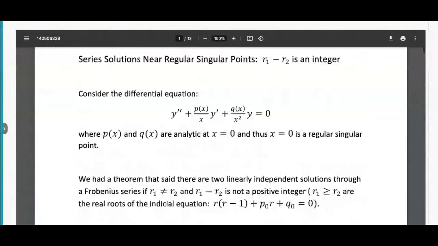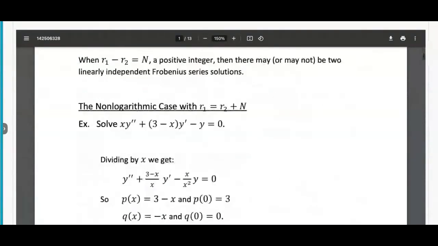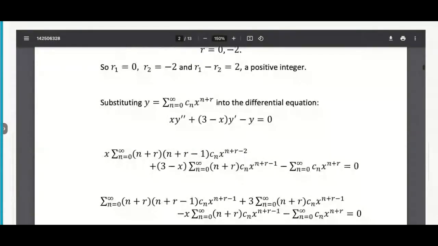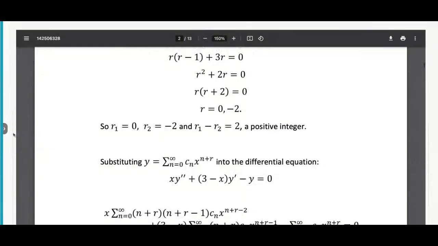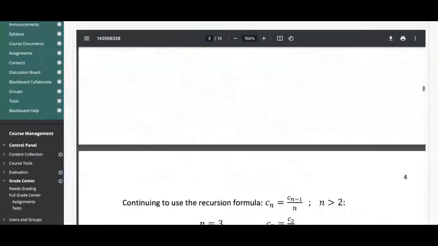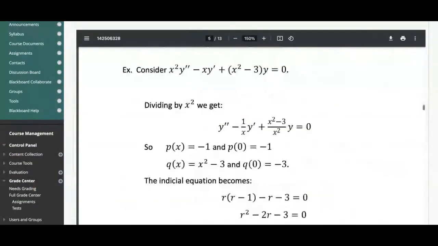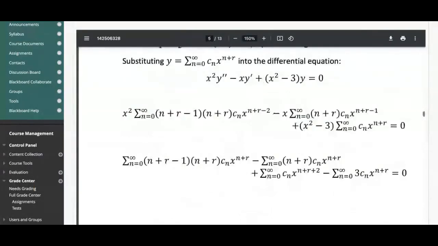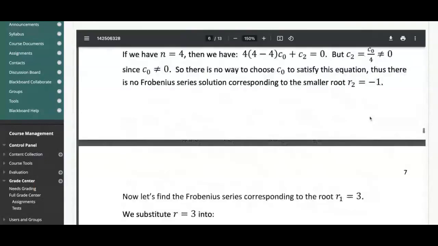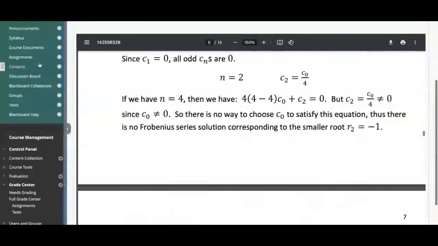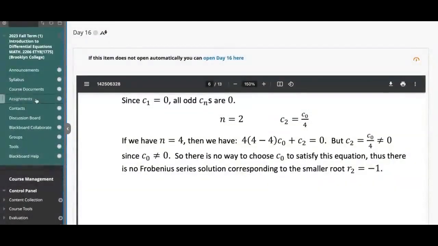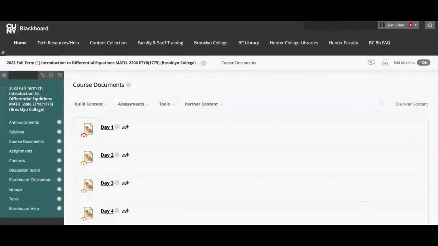Are we here? Am I in the right place? Log, non-log. I think I'm in the wrong place. This is 16. Is it on 15?